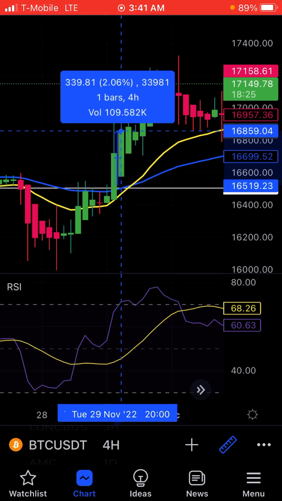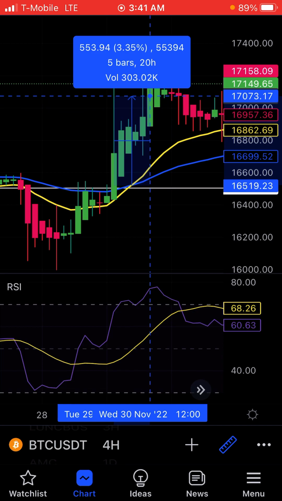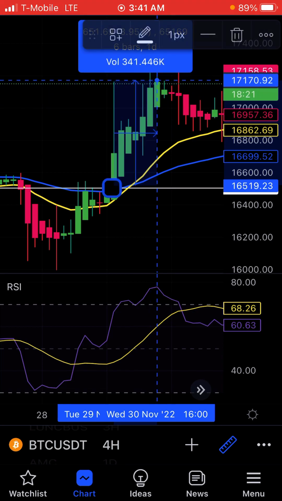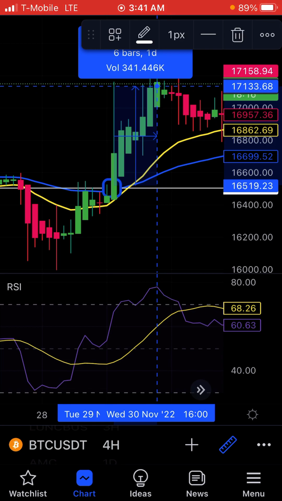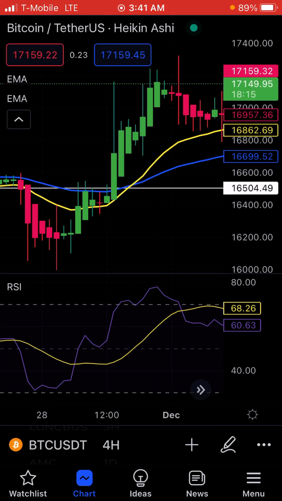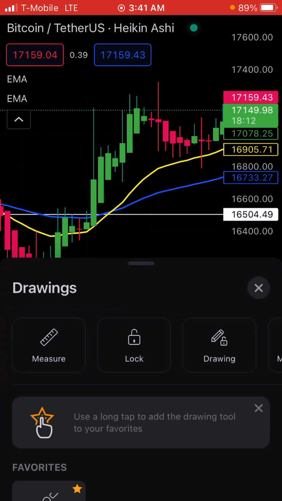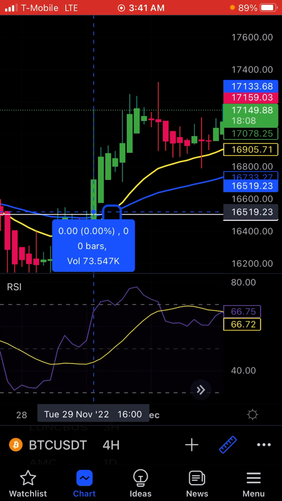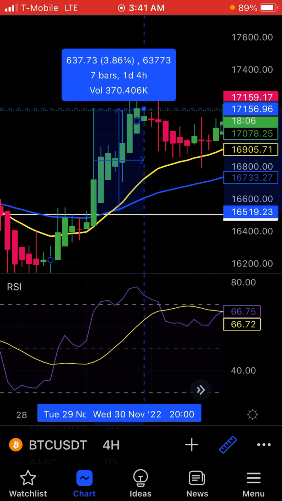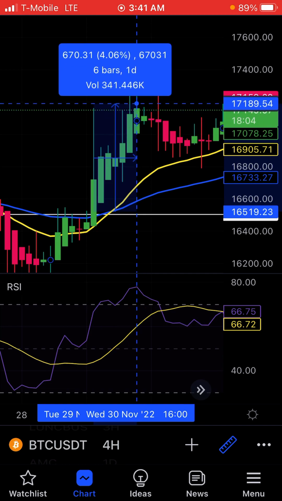You can do your trades for a lot longer than options. So with this one, hold on, let's move you down. This one was 1 day, and you made about 4%.